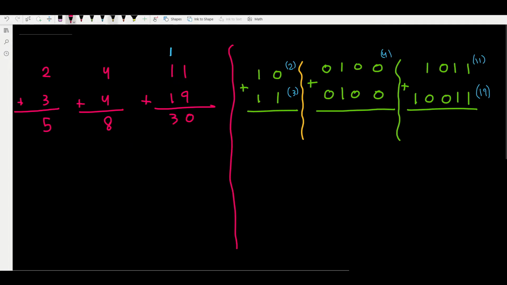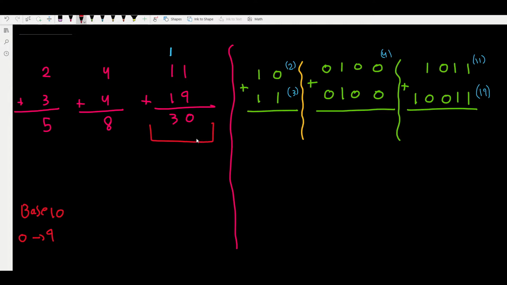Now, it's important to note that these numbers are in base 10. Base 10 means that all the numbers that we are allowed to use go from 0 all the way to 9. That's why in this question right here, when we say 1 plus 9, we know that the answer is 10.